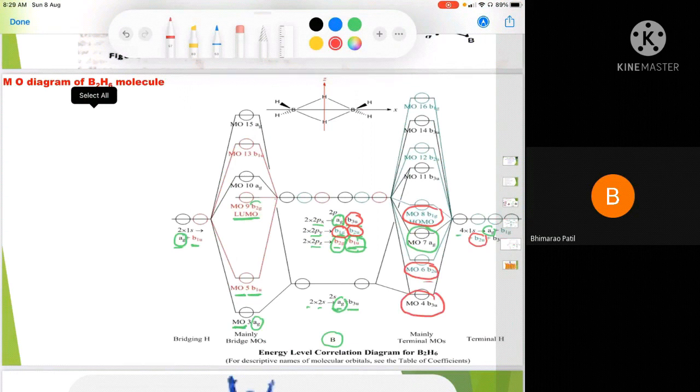Then you see the total number of sigma bonds present in diborane is 6, that is 1, 2, 3, 4, 5 and 6. Each molecular orbital also contains a maximum of 2 electrons according to the Pauli exclusion principle.